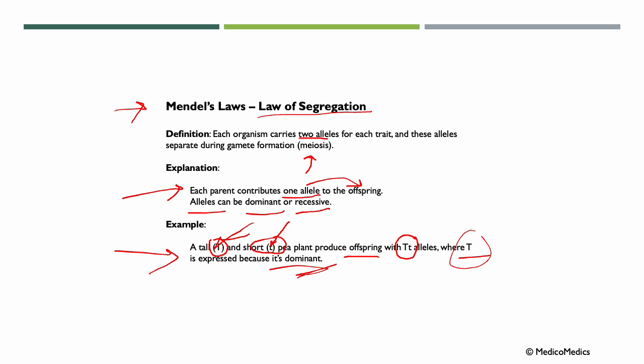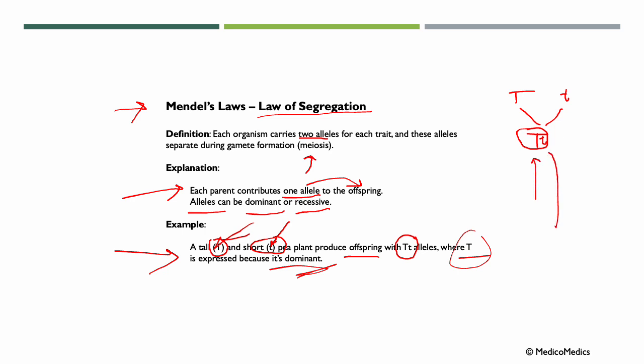So if a tall plant, T, is crossed with a short plant, small t, the offspring will inherit one allele from each parent. Because T is dominant, the plant will be tall.